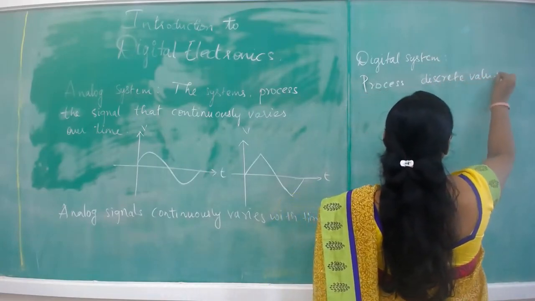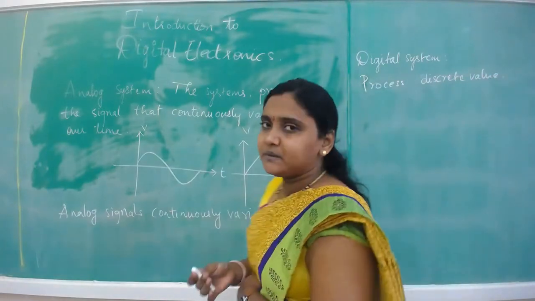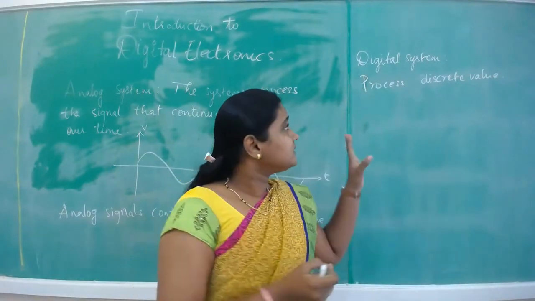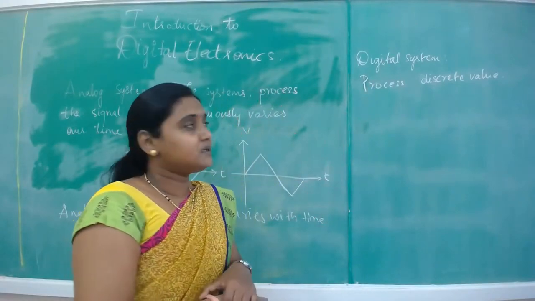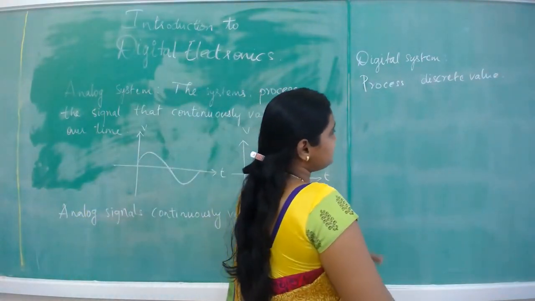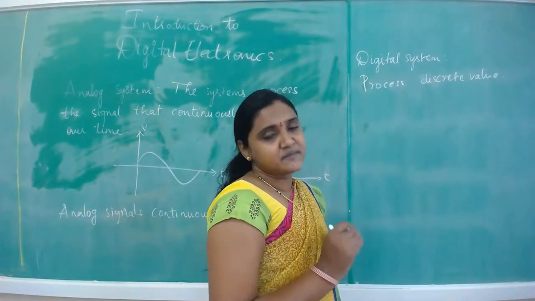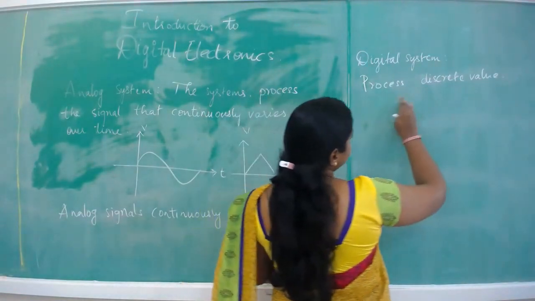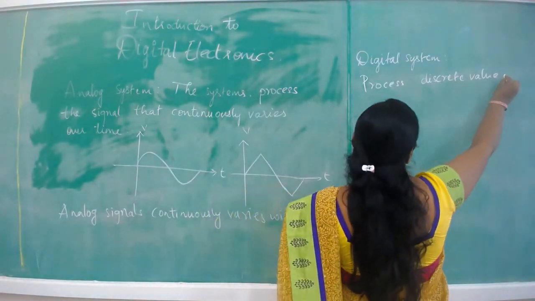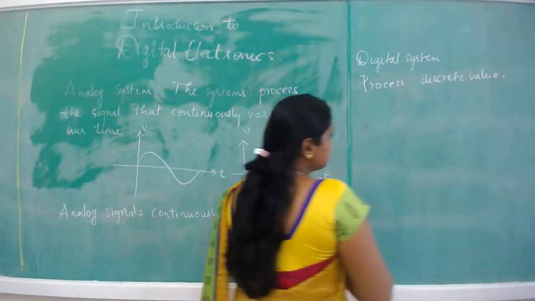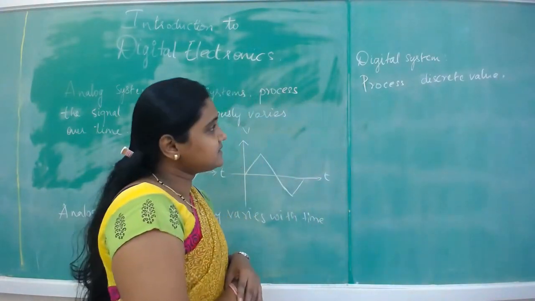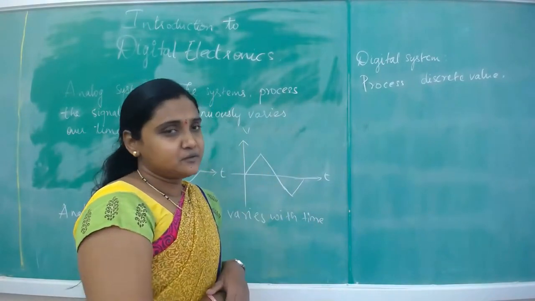Discrete means what? Two different values, otherwise multiple different values. So here the representation will be in terms of numbers, otherwise in terms of specific symbols or specific values. Discrete means which will be having different values.